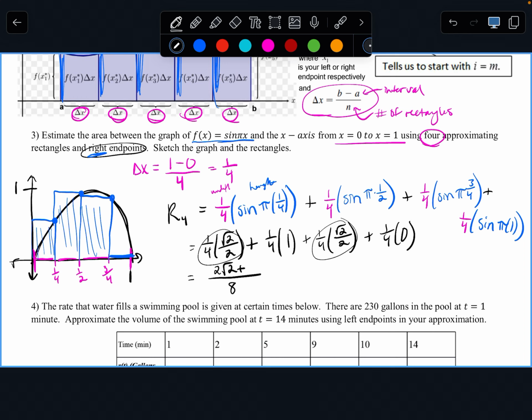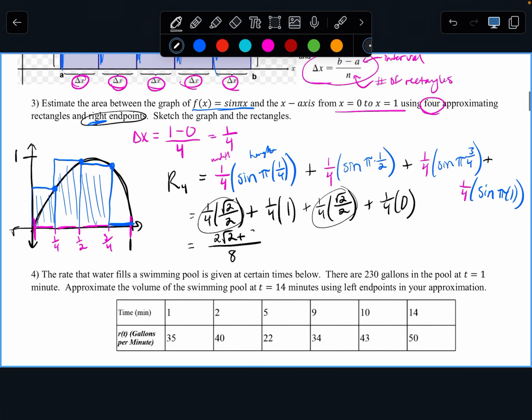Are we good with that? And then 1/4 converts to 2 over 8. Correct. And then I can clean that up a little bit. Divide everything by 2. And there she is. That's the right Riemann sum.